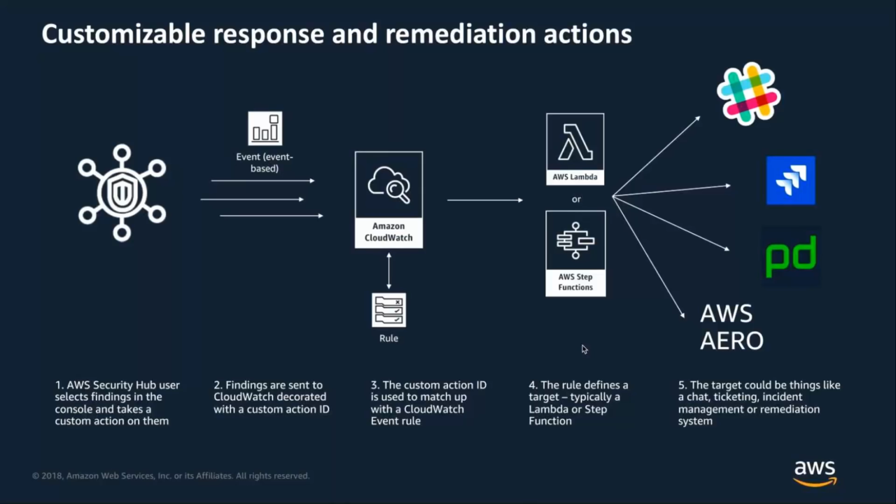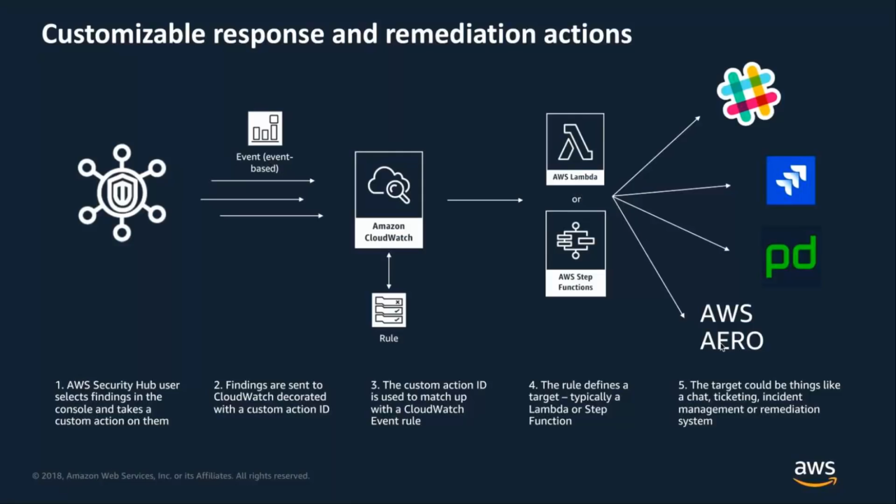You can create custom actions around sending things to Slack, to a ticketing system, to an incident management system, or to a remediation platform. AWS Arrow is our AWS Professional Services remediation platform. It contains 25 different remediation playbooks, things like isolating instances, isolating users, archiving findings, etc. But you can create custom actions around any of these things.